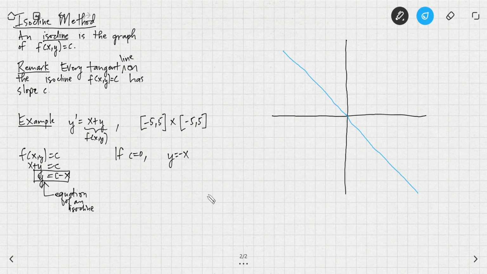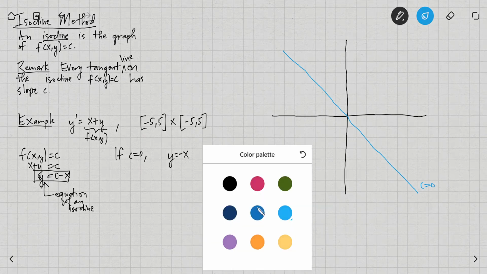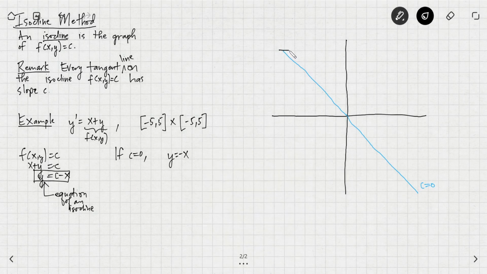Ayan. So, ano ngayon ang point nitong isocline na to corresponding to c equals 0? Well, ang ibig sabihin lang niyan, lahat ng mga tangent lines that lie on this line, they will have slope 0. So, mga horizontal lines sila. So, drawing na natin yung mga tangent lines or tangent line segments.